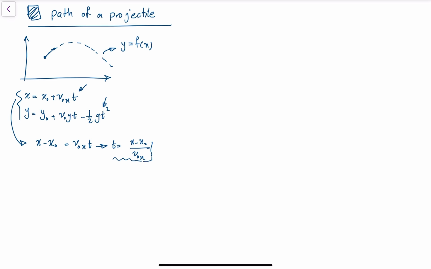That is the expression. If I know the initial x velocity and the location along x, I can calculate how much time has passed.